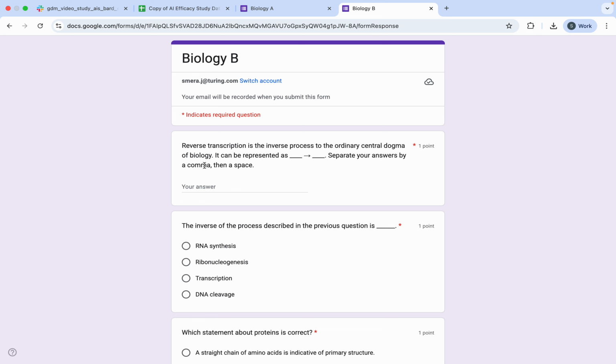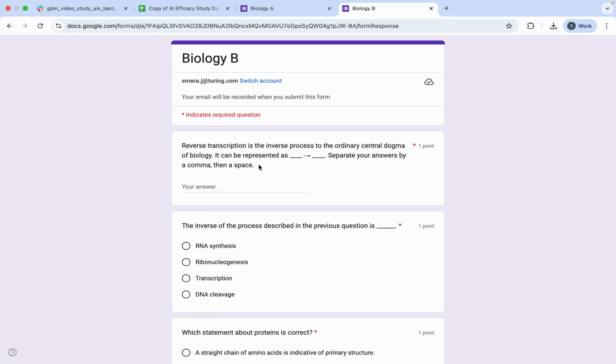Next question is, reverse transcription is an inverse process to the ordinary central dogma of biology. It is represented as dash and dash. Separate your answer by a comma, then a space. Okay, so reverse transcription is the synthesis of DNA from an RNA template, right?